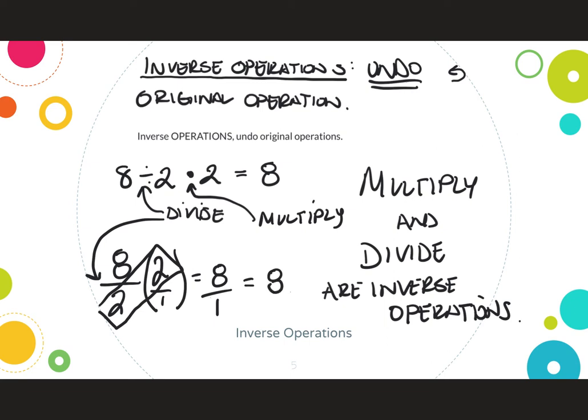We got our original number. The multiply and the divide canceled each other out. They undid each other, which is the word we're choosing to use today. So again, we can see that multiply and divide are inverse operations. Again, get this in your notes. I'll give you 30 seconds.